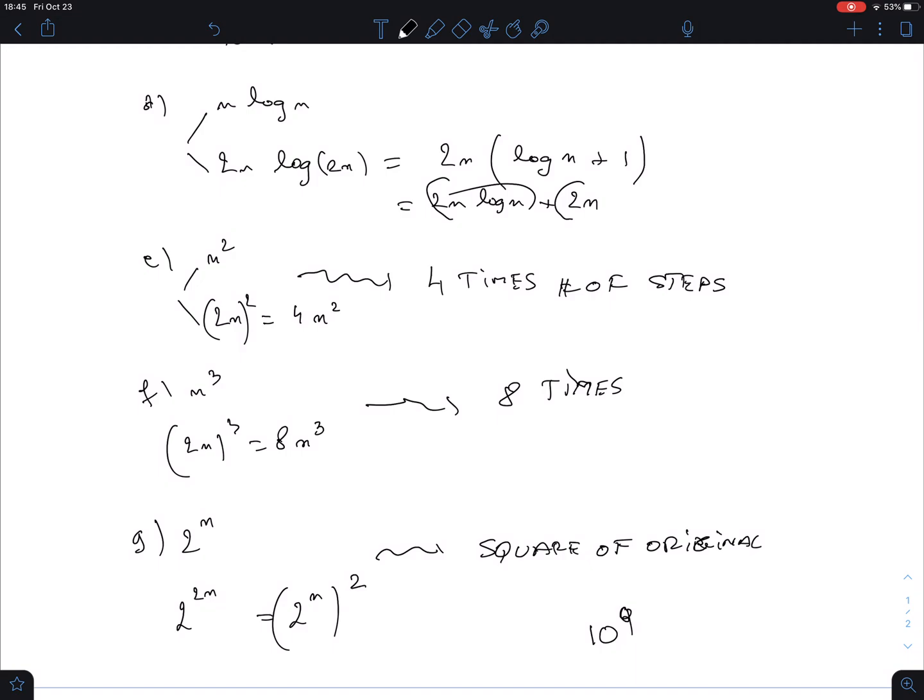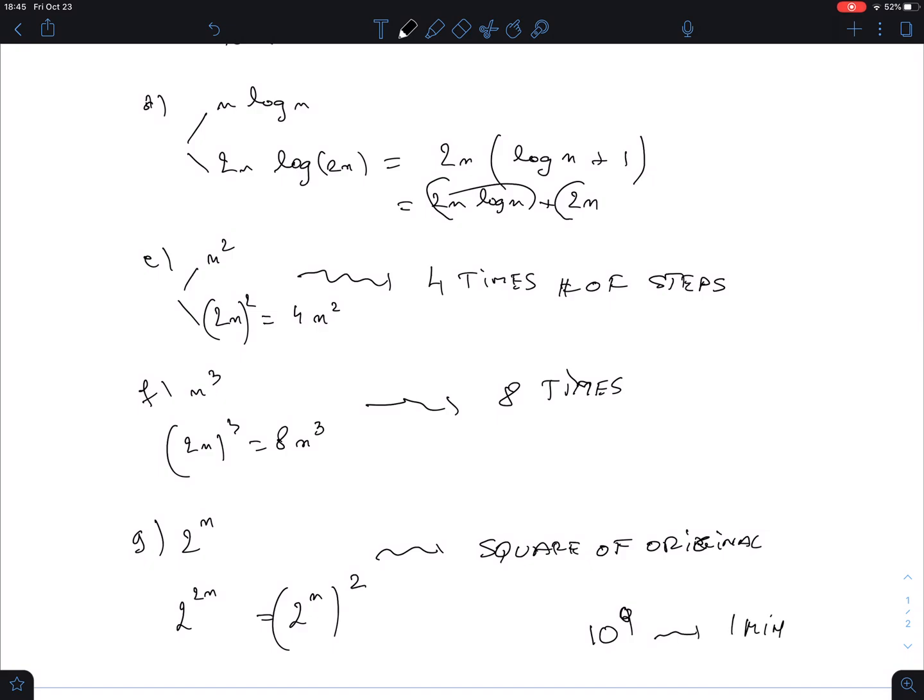I forget now exactly what we say about modern day computers. I think 10 to the 9 is considered to be kind of what a normal computer can do: 10 to the 9 calculations in 1 minute. Okay, so let's say just 1 minute.